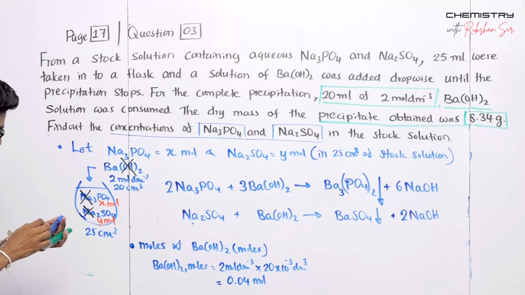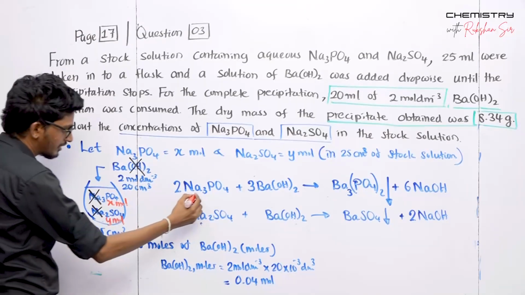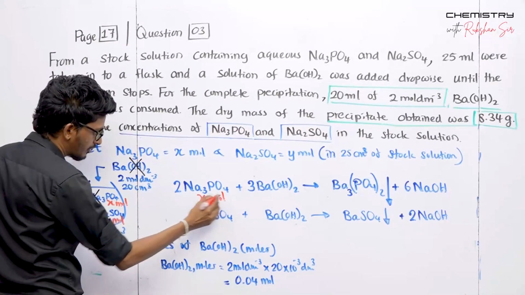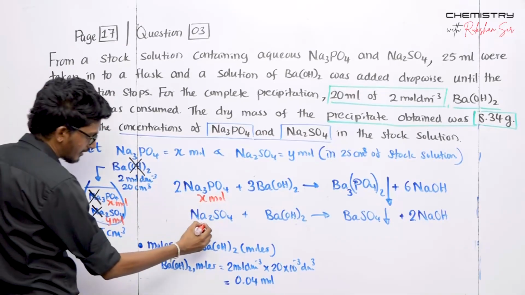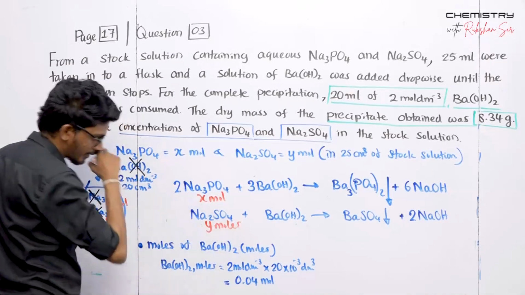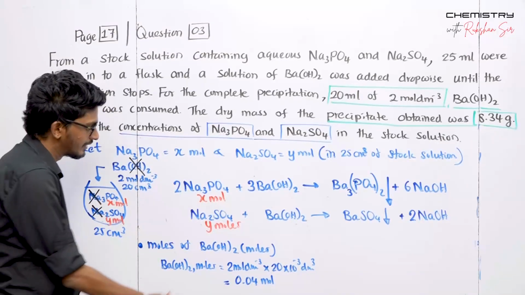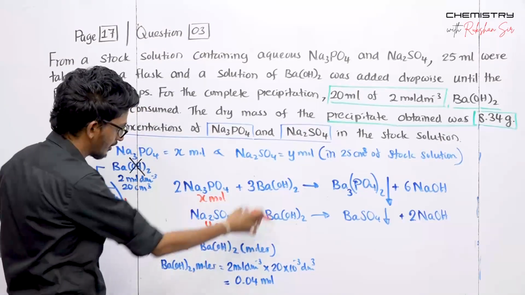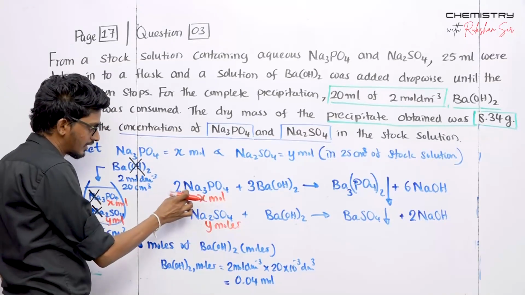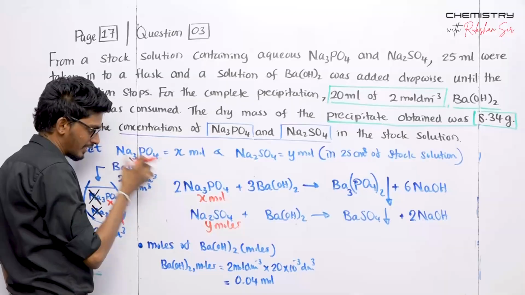Actually that is equal to what? You are with x moles of this one, and y moles of sodium sulfate. So what we need is not this sodium sulfate or sodium phosphate. What we need is actually barium hydroxide moles, right? So x moles of this thing means x is for 2 portions.